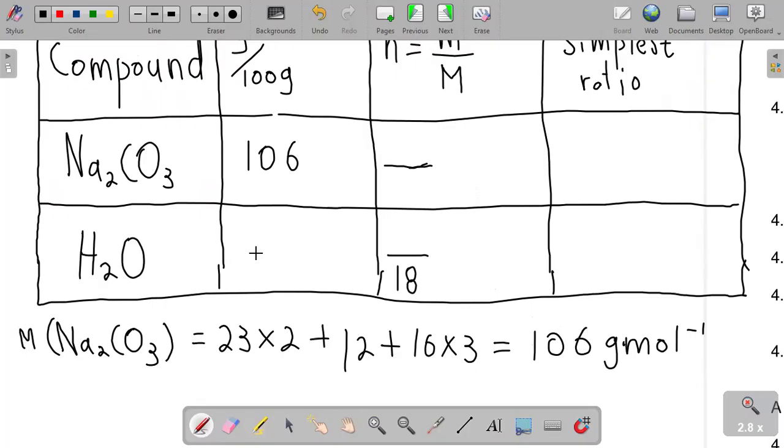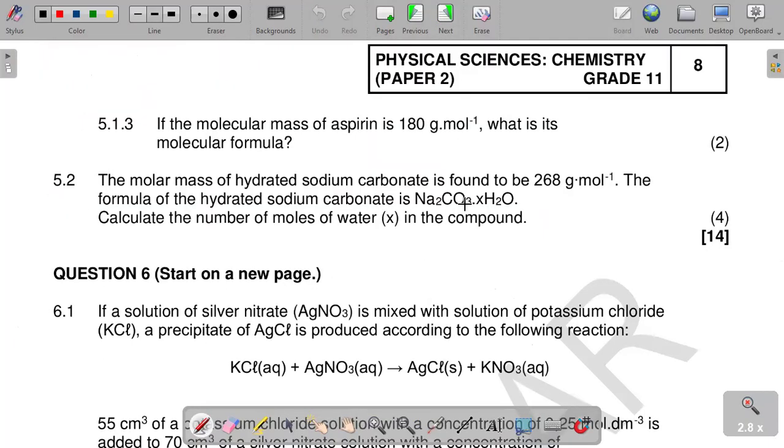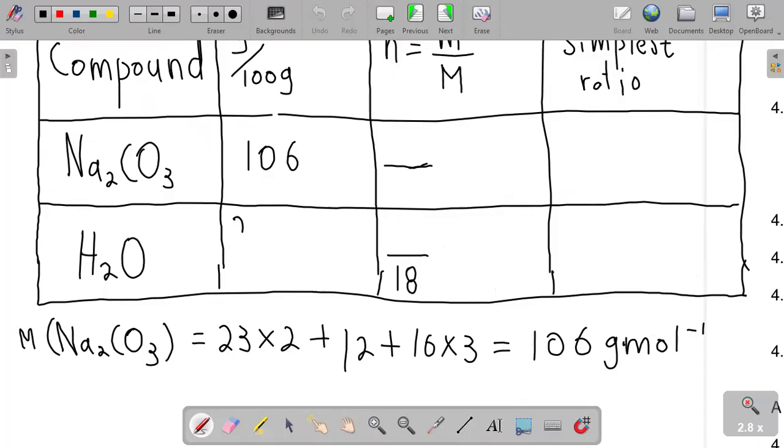And then in order to get H2O, we should go to our question here. So they say the molar mass of hydrated sodium carbonate is found to be 268. So we say 268 minus 106.